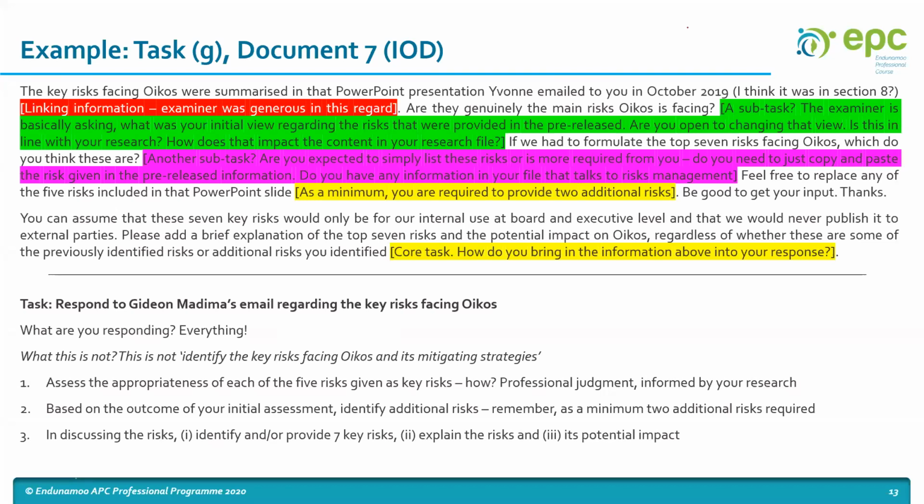Then they said, are you up? And then I thought they were also asking, are you open to changing that view? Remember that you need to be flexible. So maybe you had not thought about it, that, yeah, I realized I read those risks. To me, they made sense, but I don't think I had given them enough thought. So now that you as the CFO are asking me whether those are valid risks, I need to apply myself. I cannot say, yes, they were all valid risks.